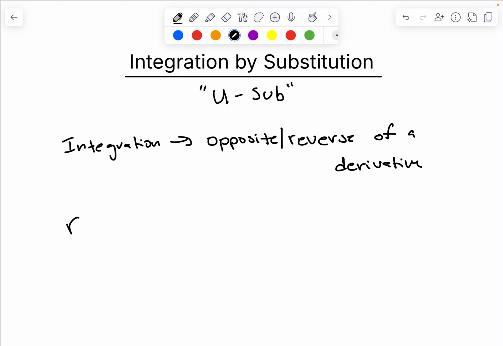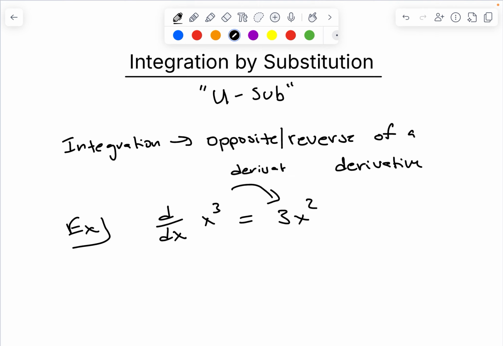To visualize that a little bit, d/dx of x cubed is, as we know, just 3x squared. So if we take the derivative of x cubed, we get here. So this is the derivative. And if we were to go backwards, this would be integration.